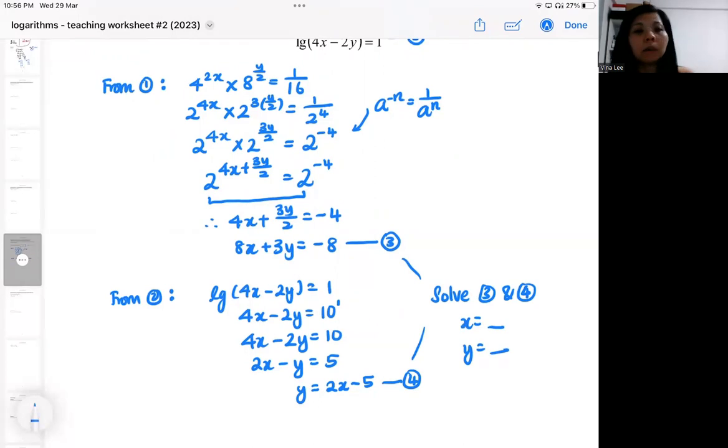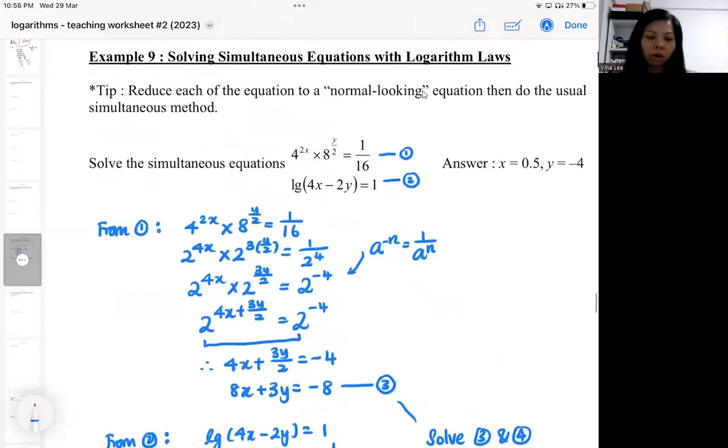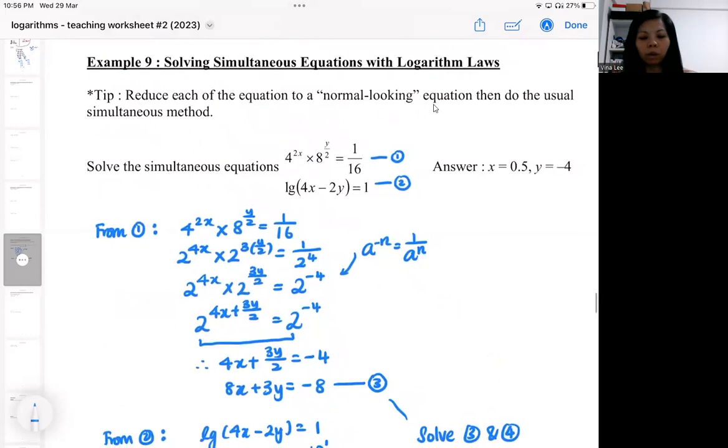Then you solve as per normal, whether by elimination or substitution. That's how logarithm can be involved in simultaneous equations. It's quite a lot of marks during the exam when this kind of thing happens. So make sure you reduce correctly, then you can perform the usual simultaneous equation.